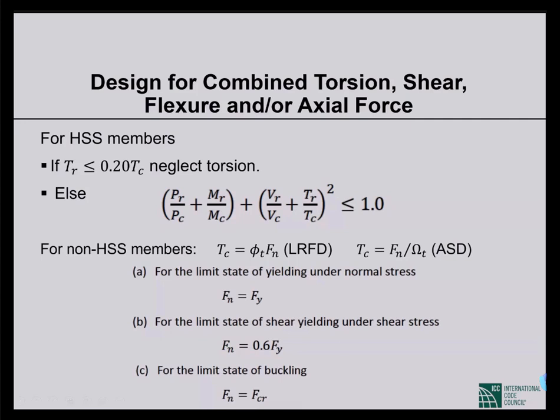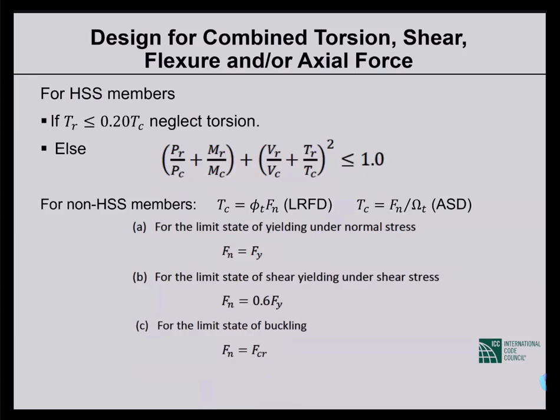For HSS members and for non-HSS members, we have different sets of formulas. The basic concept I have already discussed, so I'm not going into the detail of these things. So that's it.